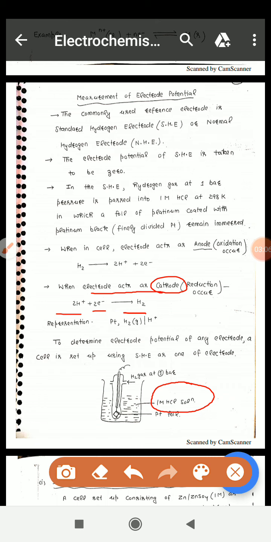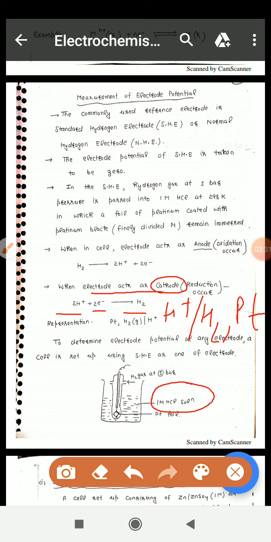Now we want to represent this cell: H+, slash symbol, then H2, comma, then we use the platinum foil. So this is the composition and the working of the standard hydrogen electrode or normal hydrogen electrode.